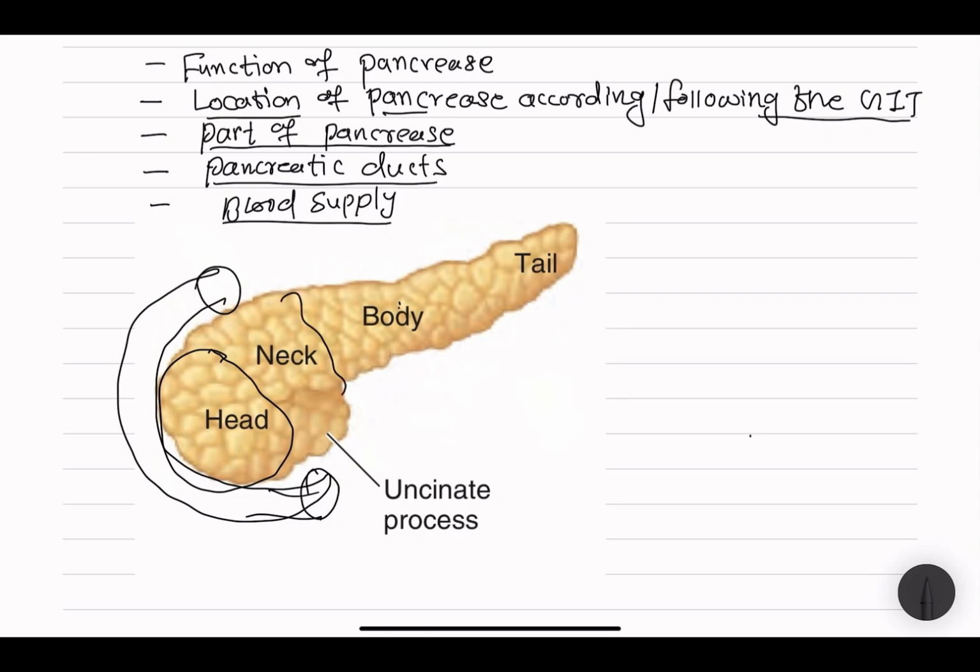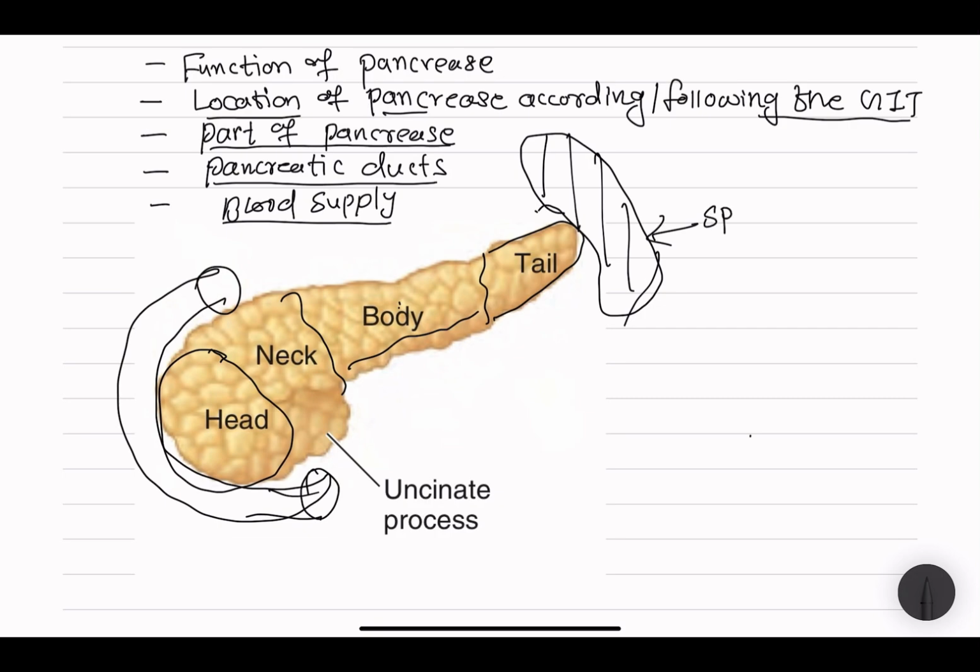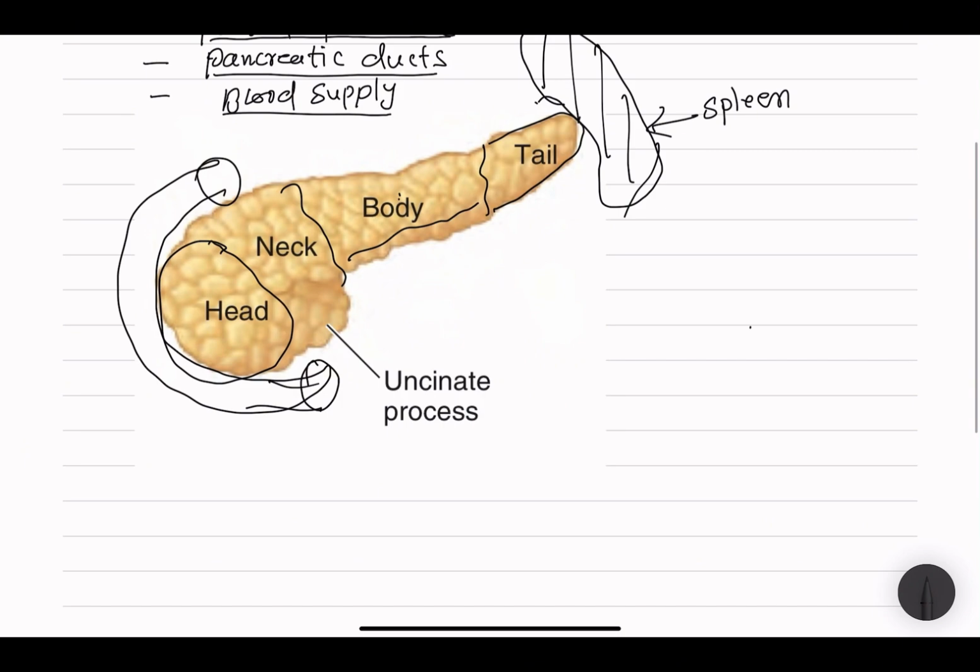And from here to here is the body of the pancreas, and the end part is the tail of the pancreas, where we will see later the spleen is located here. So now we have to go through our content.